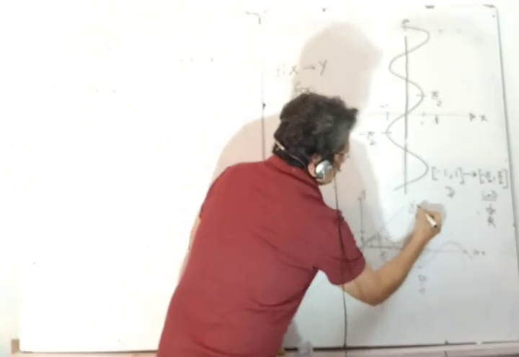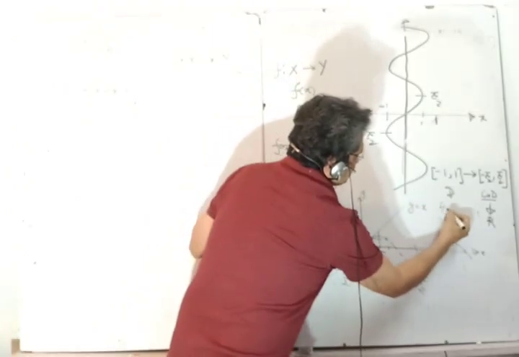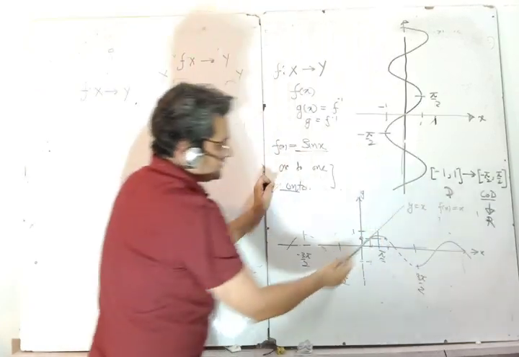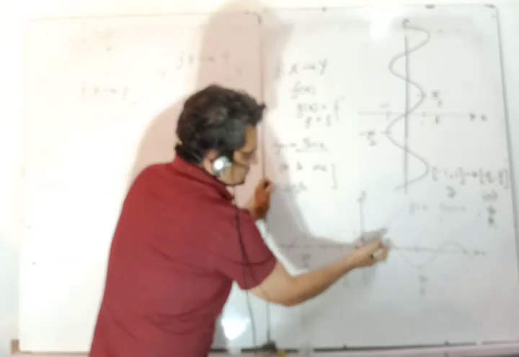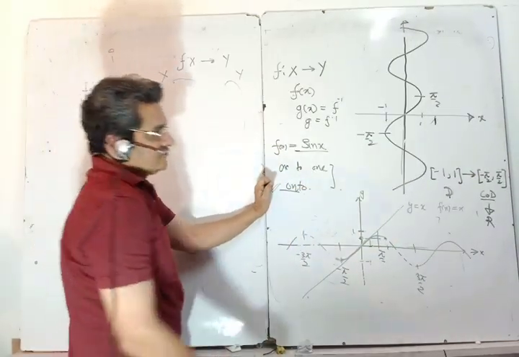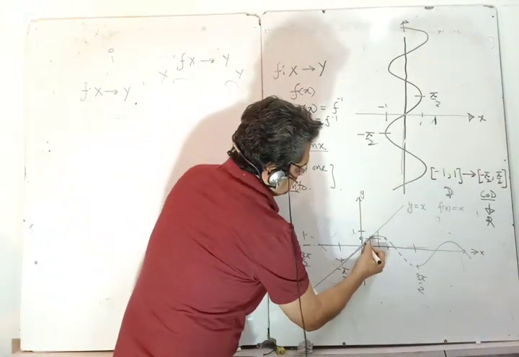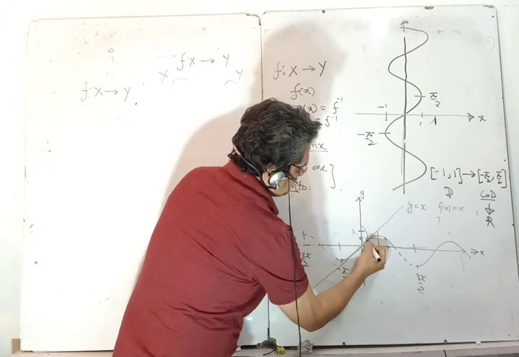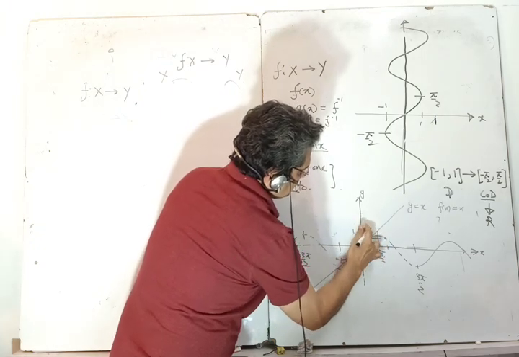So if this is y equal to x, or f(x) equal to x, the line I draw, the image of this will give me the inverse function, and the image will come something like this.